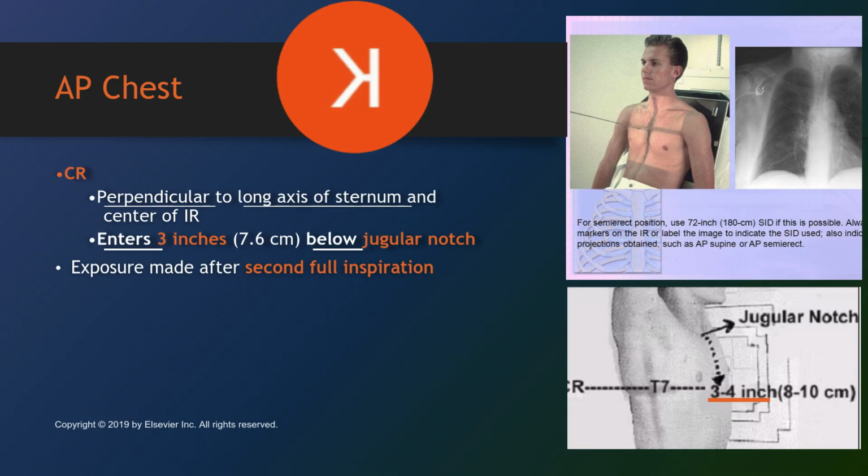We see the CR entering at the level of T7 mid-coronal plane. We have our jugular notch, and then right below that it shows the distance from our jugular notch to our T7. So 3 to 4 inches or 8 to 10 centimeters below your jugular notch.